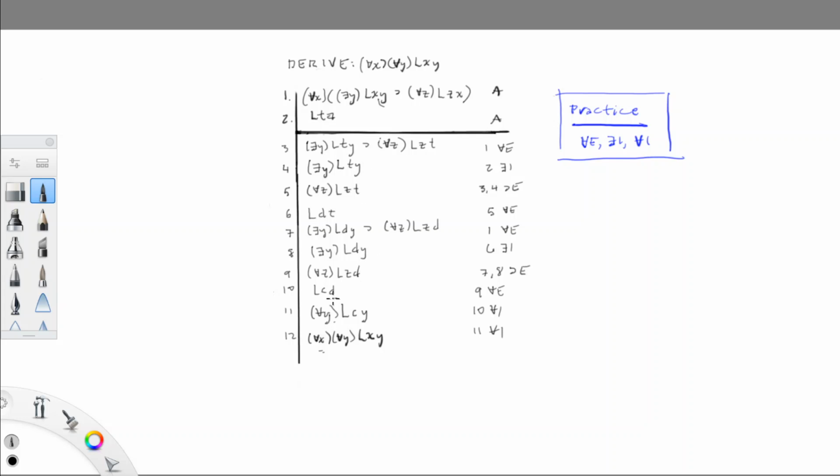Those names, C and D, were introduced in the proof by appeal to the rule universal elimination. And when a name is introduced to a proof by universal elimination, at least in that context, it's usually appropriate to apply universal introduction to it. Okay?